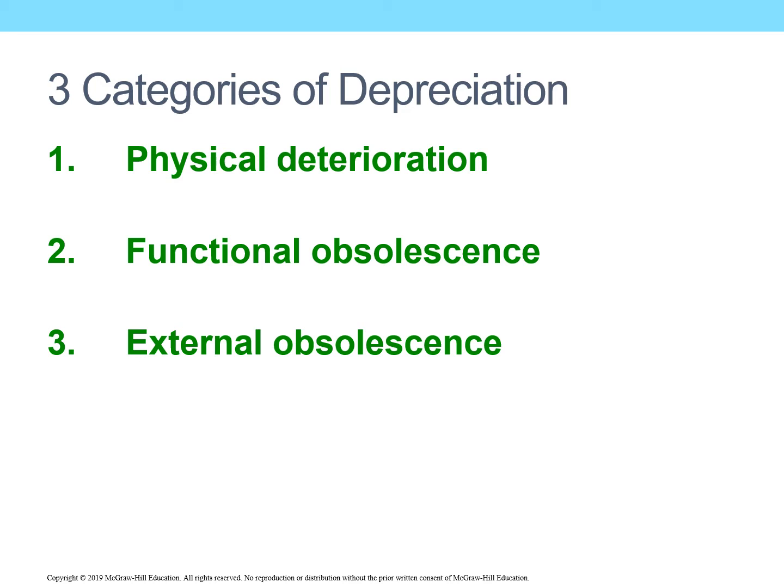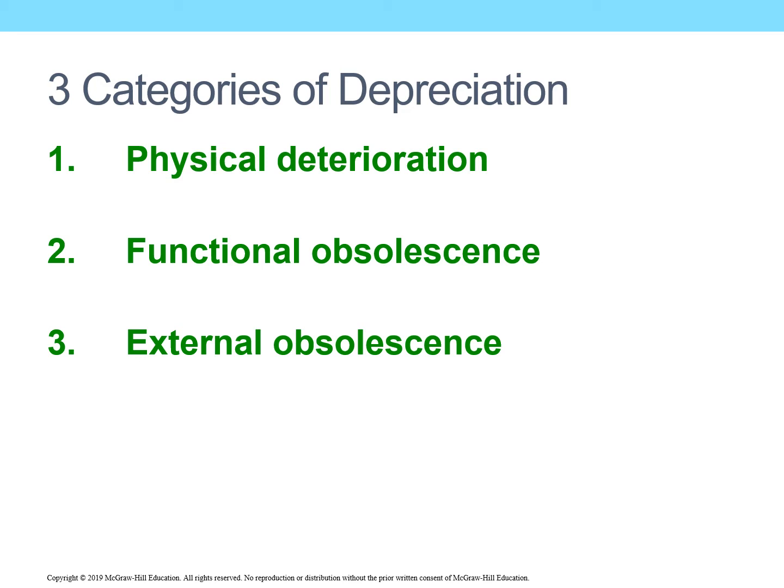Just like with owner-occupied single-family residential homes, we have three categories of depreciation. Physical deterioration, which is due to ordinary wear and tear and the action of the elements. Functional obsolescence is due to perhaps a layout that is incorrect or is clunky.